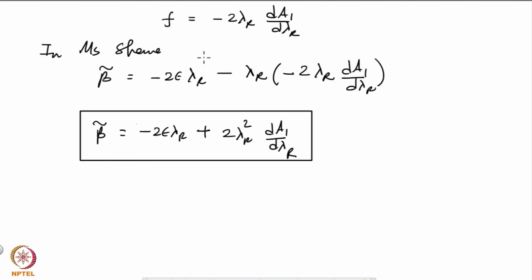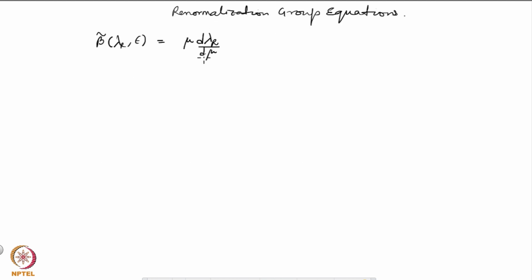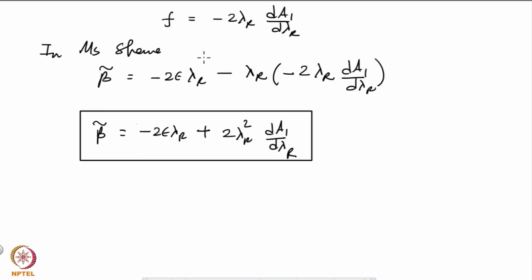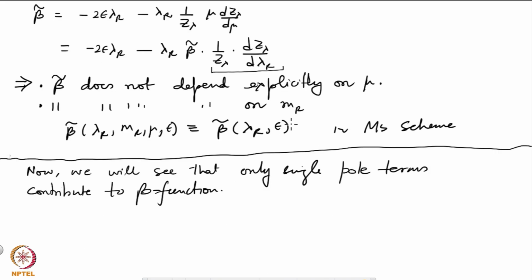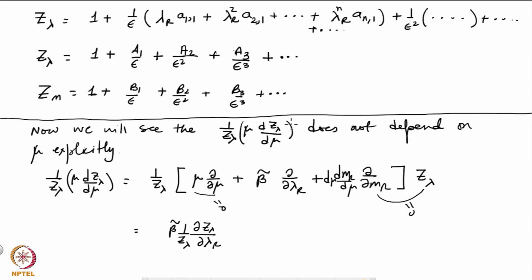Let's see what else we had done earlier. And also we saw that the contribution to beta tilde, or the beta function, comes from only the single pole terms. Okay, so let's see what this A1 is. A1 is here.